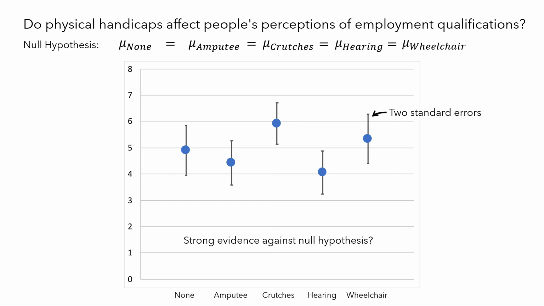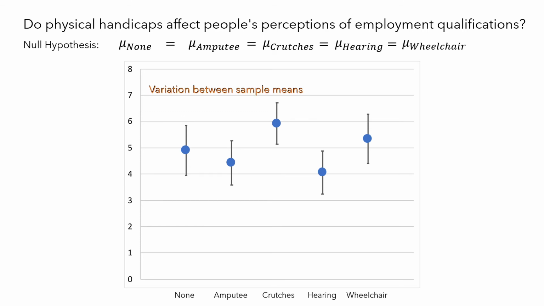So let's take a step back and think about how we were making these inferences. There are 2 types of variation we're seeing here. One is the variation between the sample means, which we can see as the amount of variation in the vertical position of the blue dots on the graph. The other type of variation is the variation within each group, which we can see as the amount by which the parameter might vary from the observed sample mean.